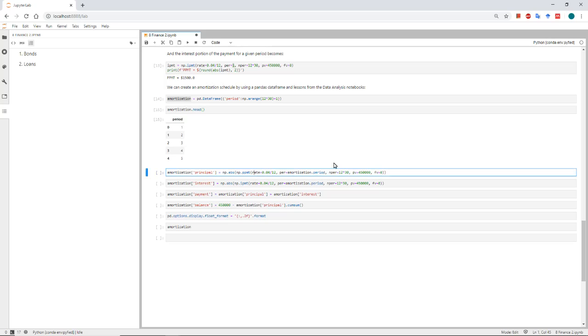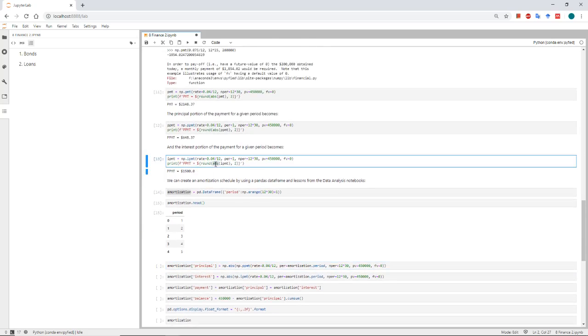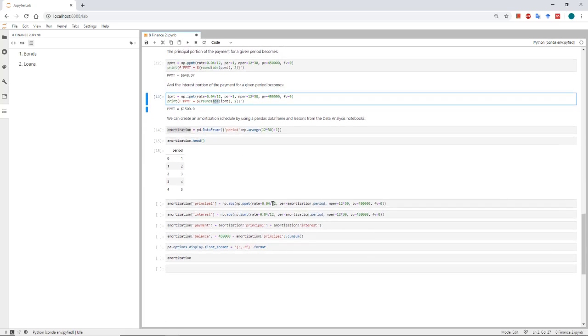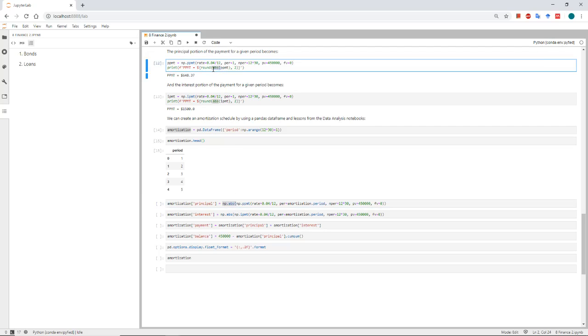Looking at period, now we're going to pass that column into the principal payment. We've been using absolute values when showing this, so just note that this does come back negative. So we're going to continue with the element-wise absolute value version. This one is going to run absolute value on the return of all these elements.